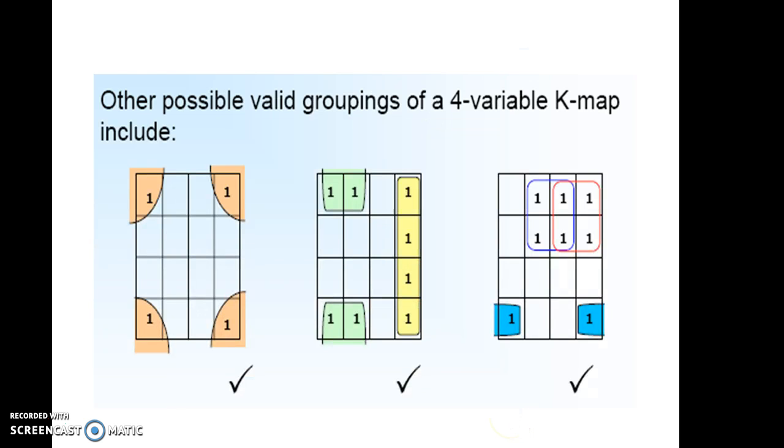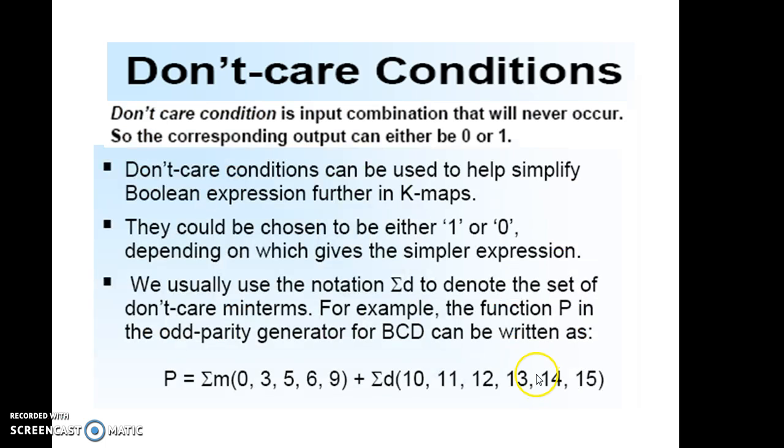Next. There are other possible valid groupings of a 4 variable K-map. These are the possible groupings in 4 variable K-maps. One more condition is there in the K-map, called the don't care condition.